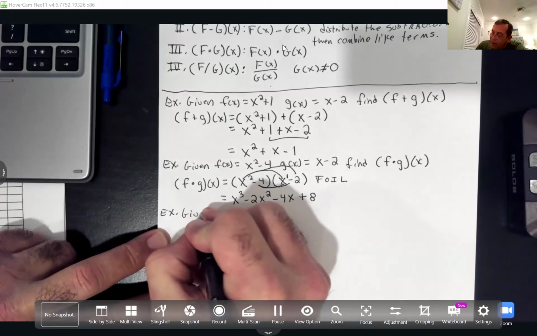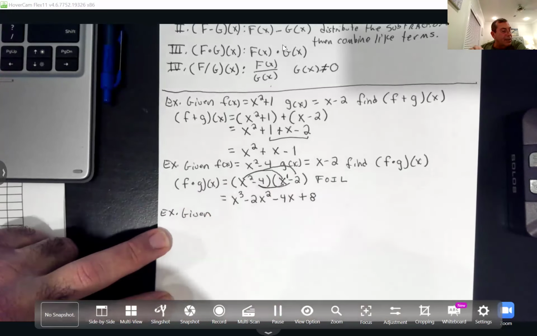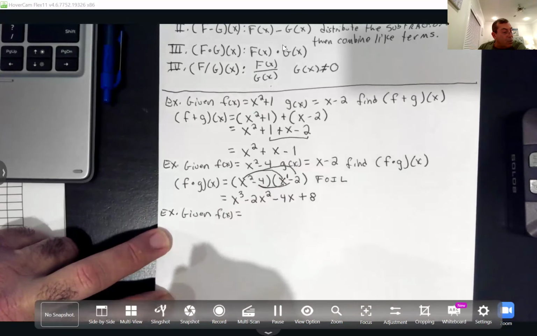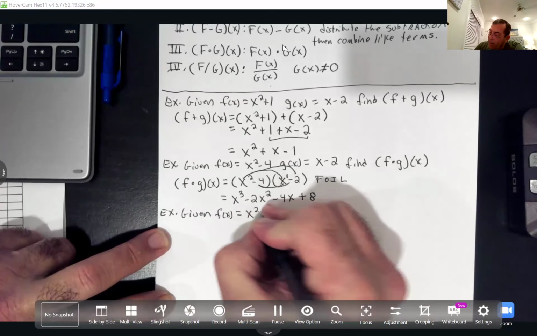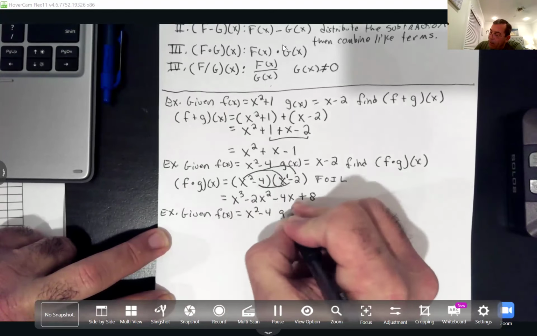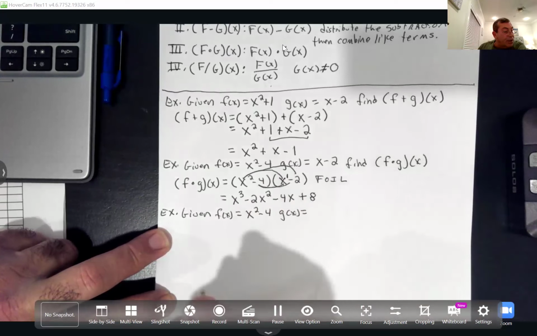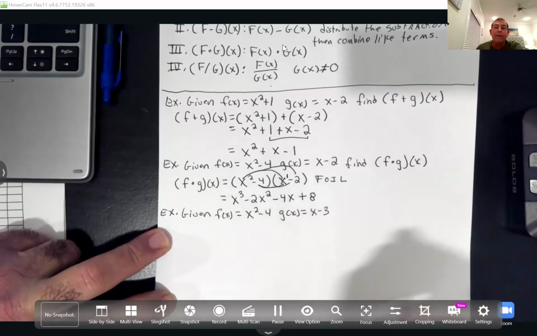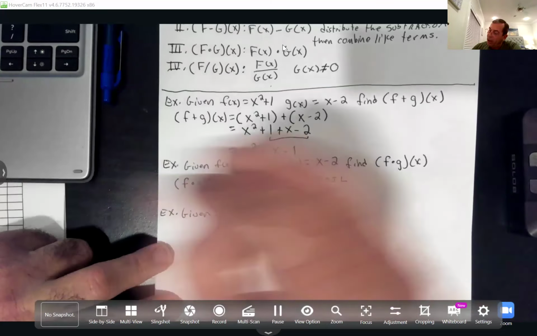All right. So now let's see. This one we're given f of x equals x squared minus 4. G of x is x minus 3. But y'all want to throw you a curveball.